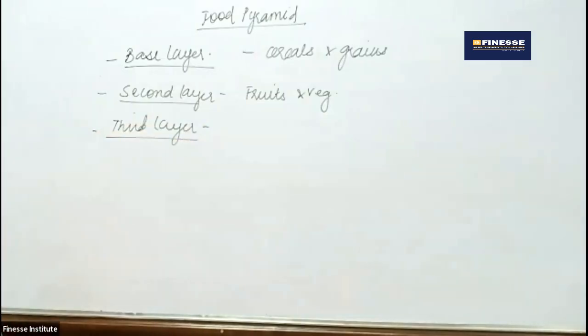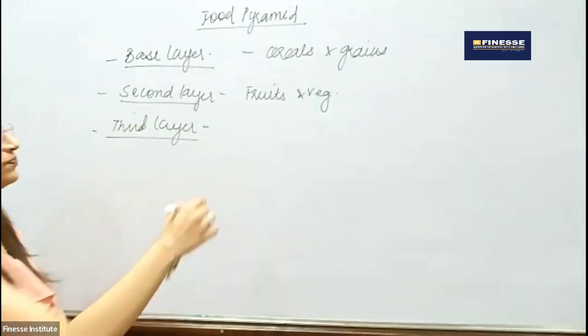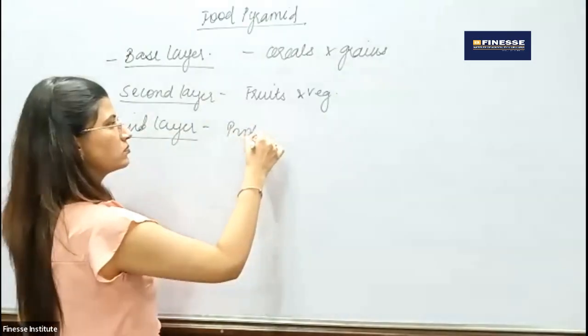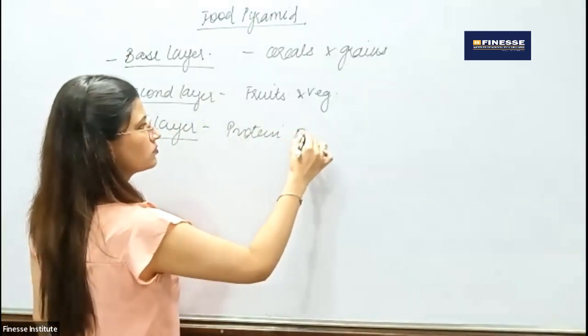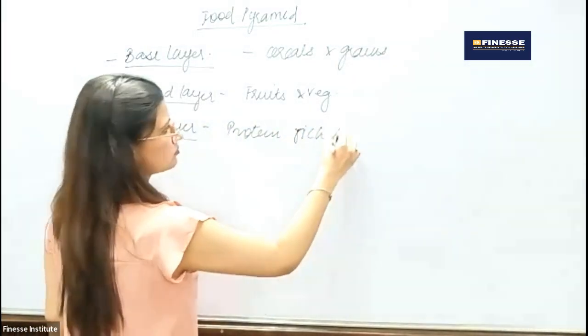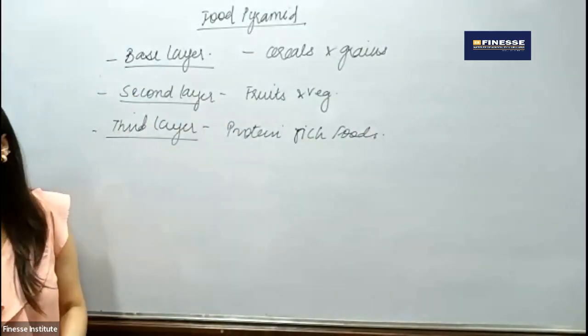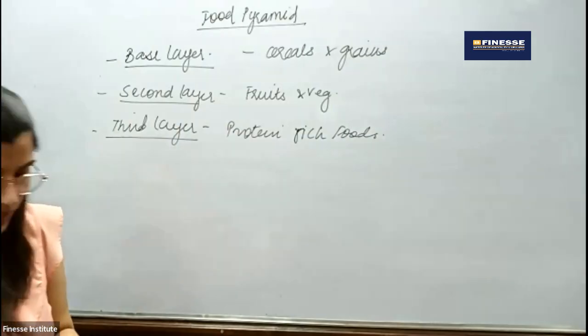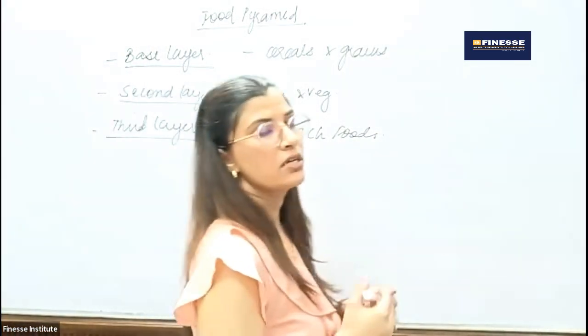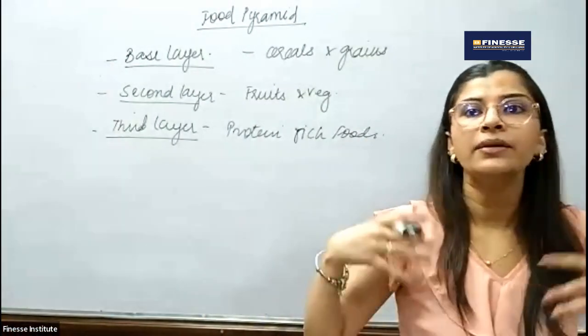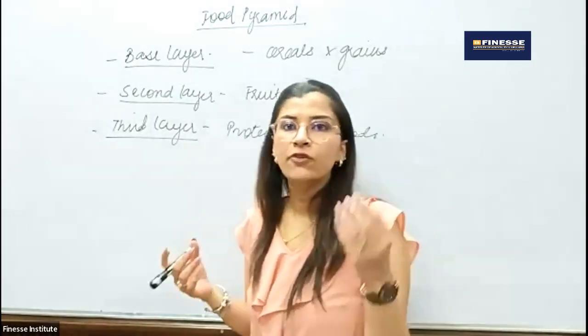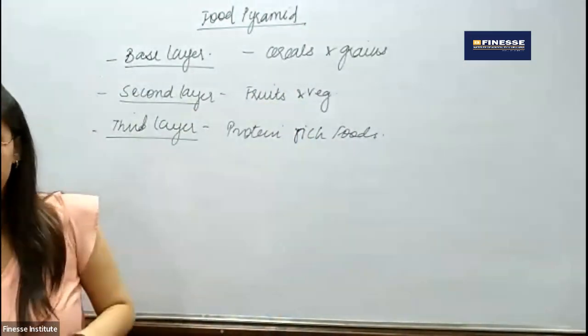The third layer is for the protein-rich foods. Okay, so third layer में आते हैं हमारे protein-rich foods, that is pulses है, milk, meat. ठीक है, तो ये जितने भी हमारे high in protein foods होते हैं, they fall under the third category.